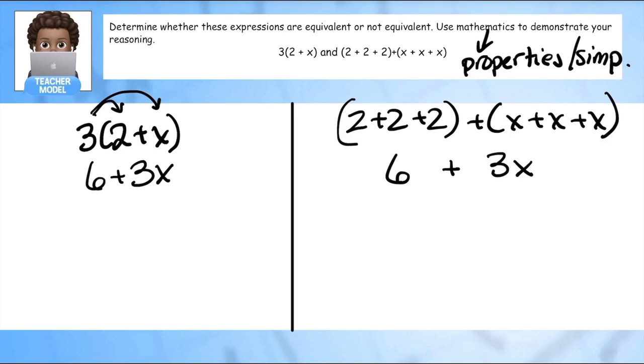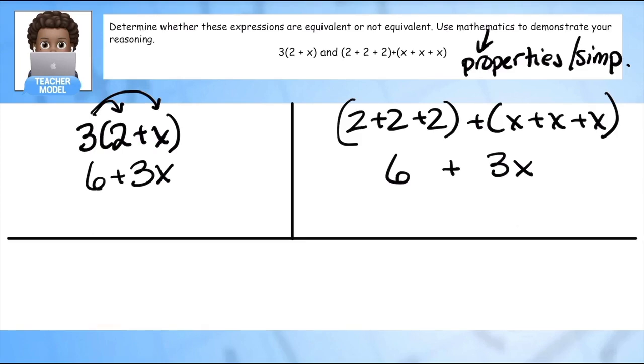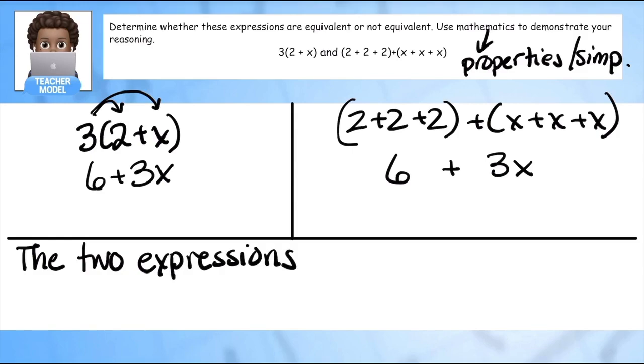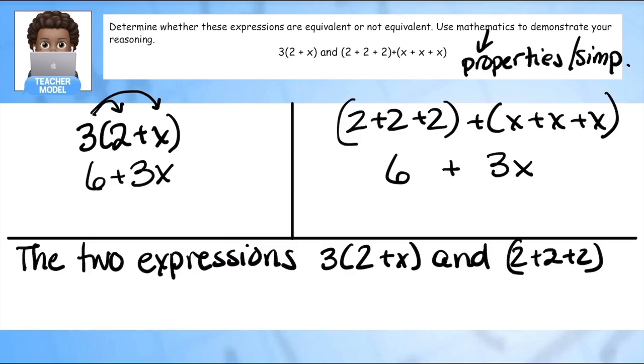So let's write that in. And we'll give a reasoning, a because statement to show that we really understand. The two expressions 3(2 plus x) and 2 plus 2 plus 2 plus x plus x plus x are equivalent.